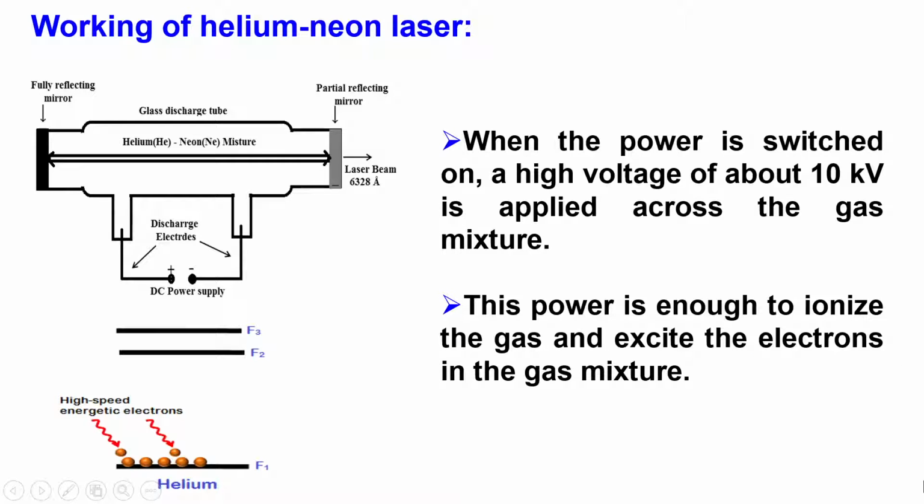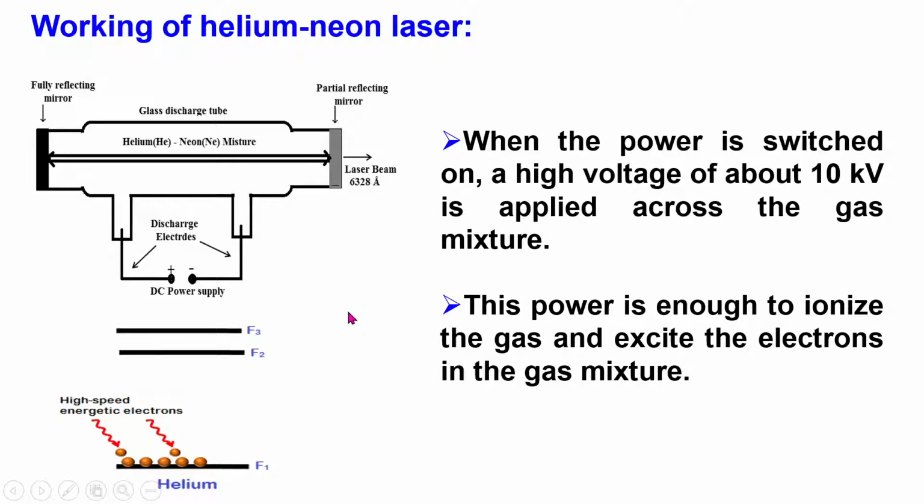Now we are going to see the working of the helium neon laser. In the construction we have seen that the glass discharge tube consists of two electrodes and a very high voltage power supply is connected to these two electrodes.